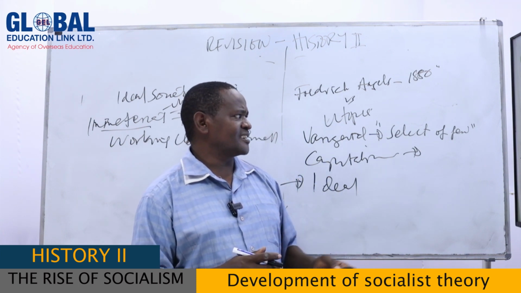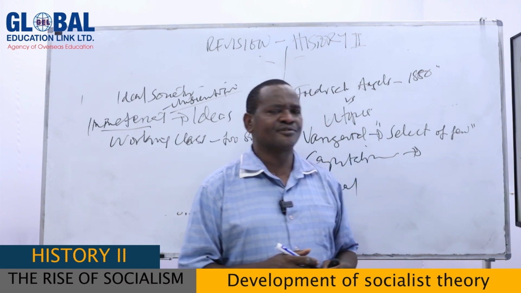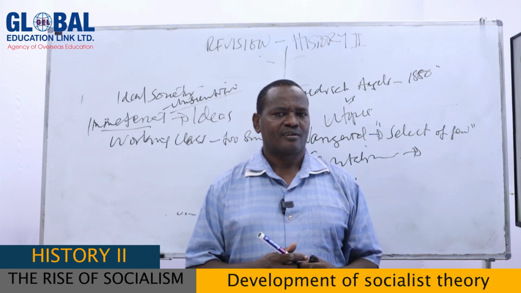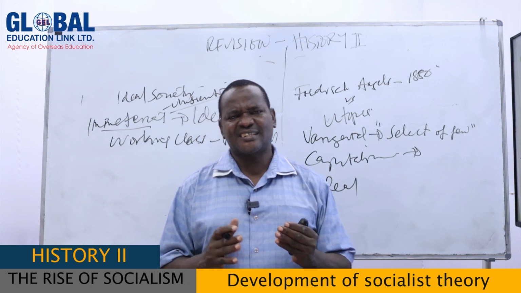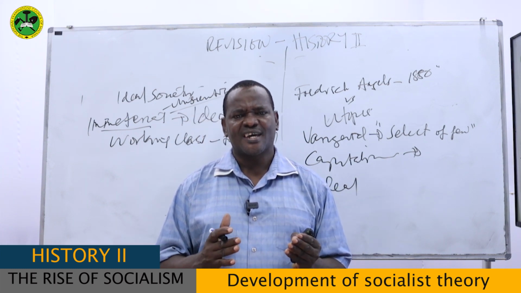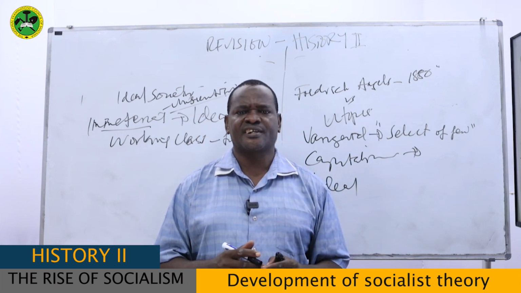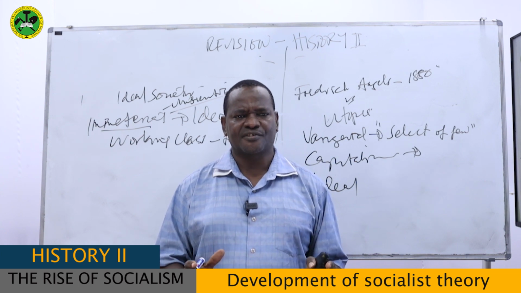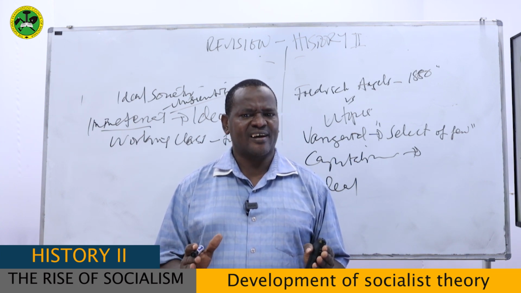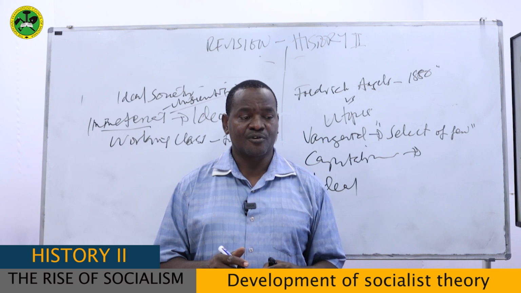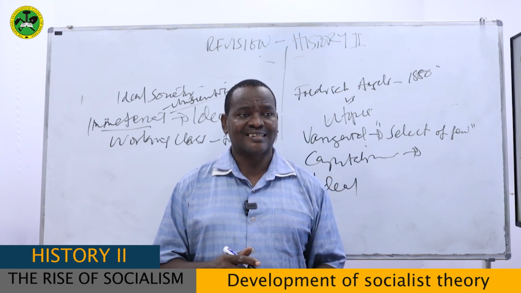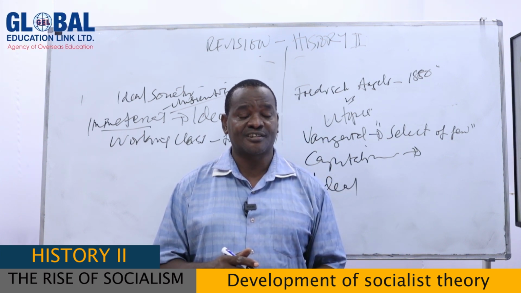Another contribution is that it contributed to the rise of class consciousness. My dear students, every change in society starts with the awakening of consciousness and awareness. If people are not conscious, if people are not aware, never ever think of changes. So thanks to utopian socialism, at least it awakened class consciousness.